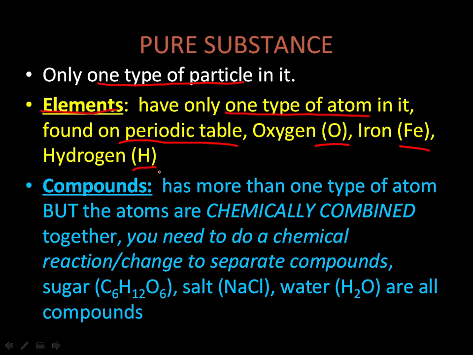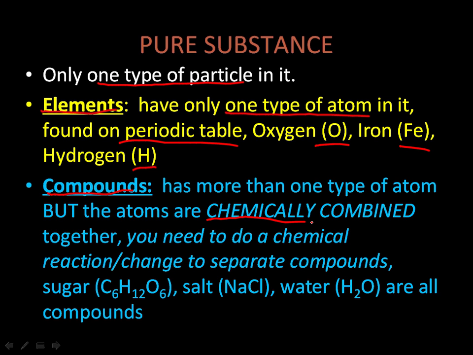Compounds, on the other hand, are when you combine elements together chemically, meaning you have to do a chemical change to change it into something else or to get the elements back. Remember, in a chemical change, the composition and properties have changed in the substance before the change and after. So you have two elements.